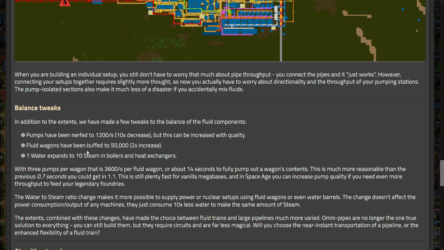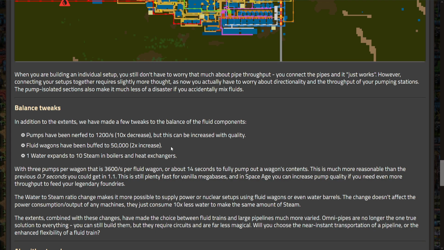But they increased the fluid wagon size to 50,000. This would basically be 2 storage tanks. Previously it was just 1 storage tank. And I remember when they had 3 different parts in a fluid wagon, when you could have 3 different fluids even.